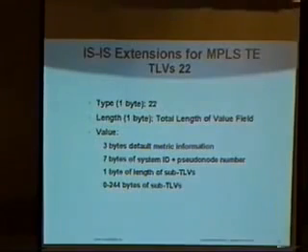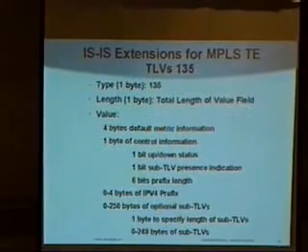So for the extended IS reachability over here, this is the breakdown. You can look at them for yourself. This is more interesting for us here. If we don't care about MPLS and we still want to use ISIS for routing, then this TLV is more important for us.